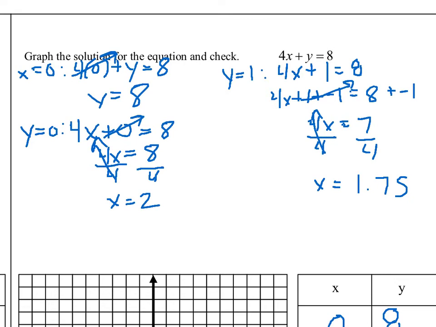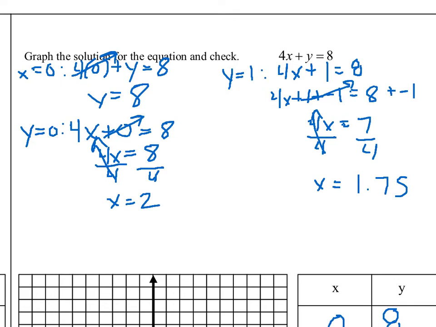But let's think really quickly back to, what did we say the point of the third point was? How many points does it actually take to graph a line? 2. So the third point is really just a check.